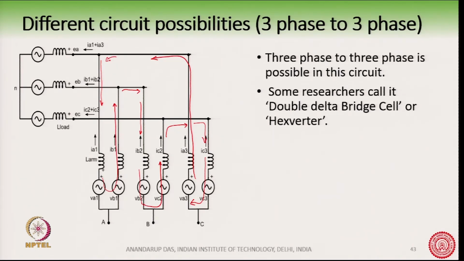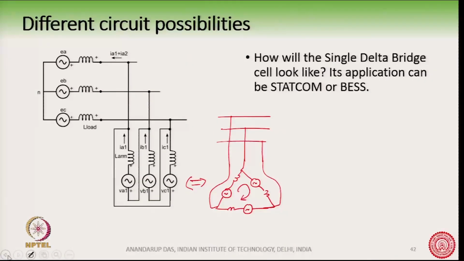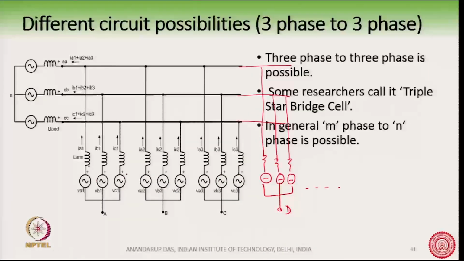So, here also what is the advantage? In the earlier version we had 3 plus 3 plus 3, a total of 9 controllable voltage sources or 9 arms.